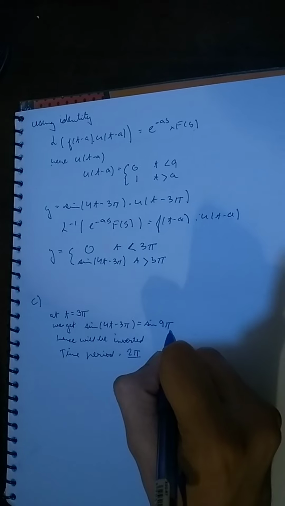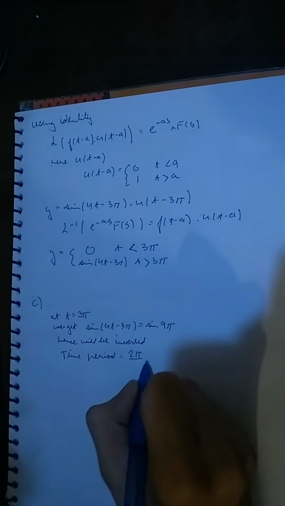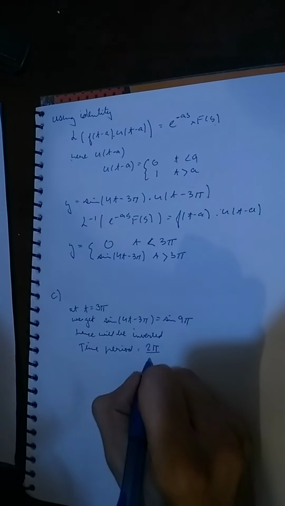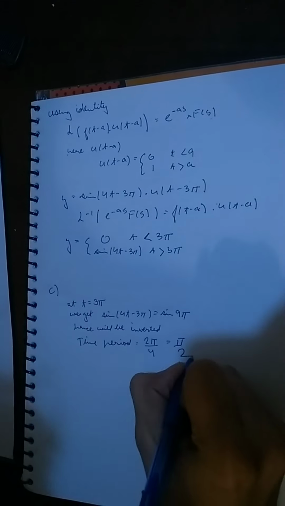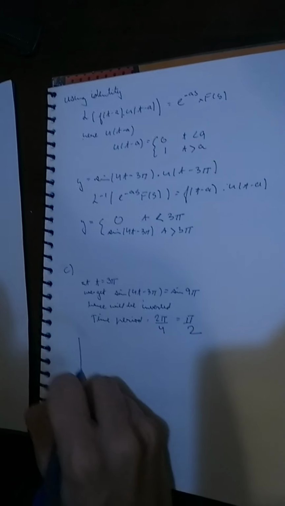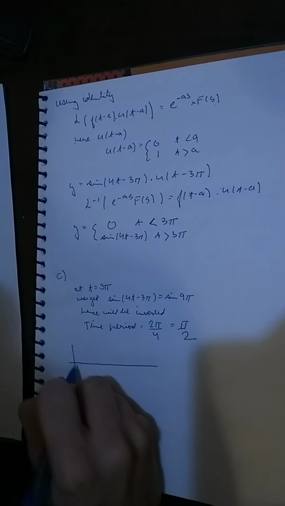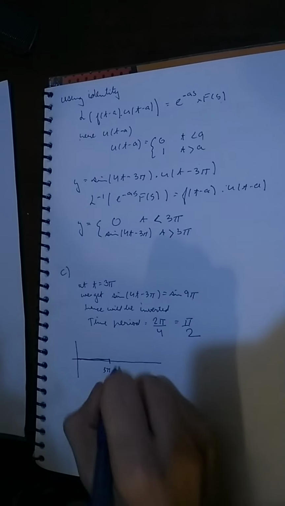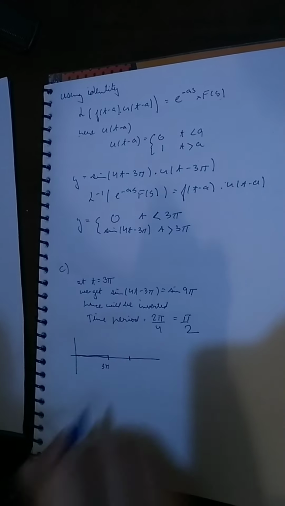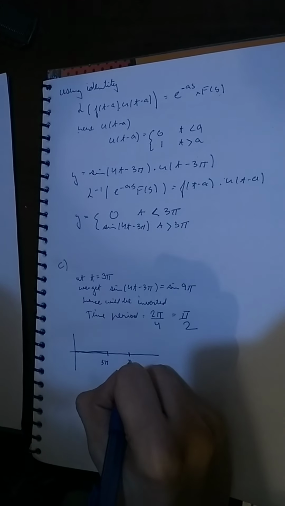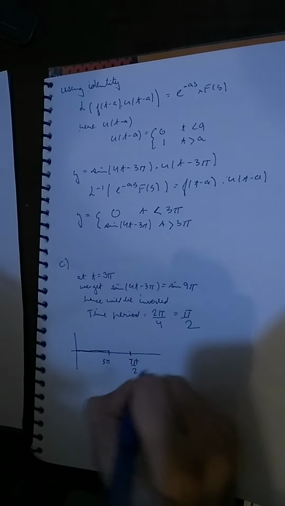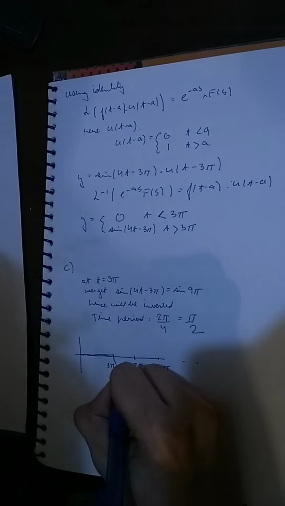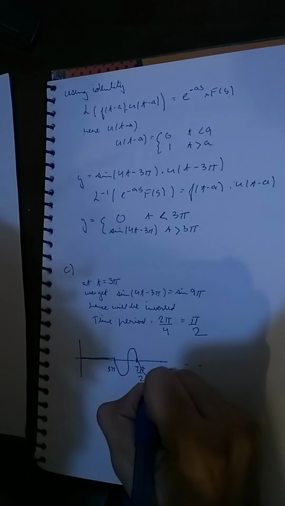The time period will be given by 2π divided by 4, which is π by 2. So now when we draw the graph, till 3π it will be 0. After that, with the time period of π by 2, this will be 7π by 2, then 4π, and so on. What we'll get is this, and it will go on.